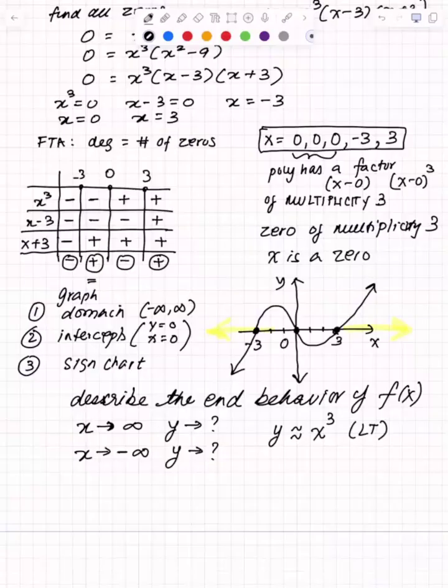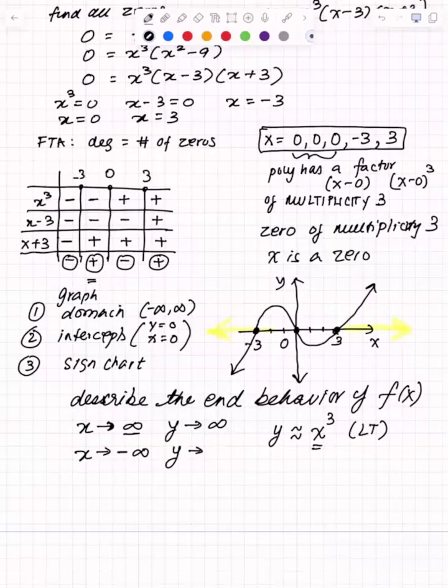If x is going to infinity, that means on the right side, x is positive. A positive number multiplied 3 times is positive. So we will say y is going to positive infinity. On the other side, as x is going to negative infinity, what is y headed to?